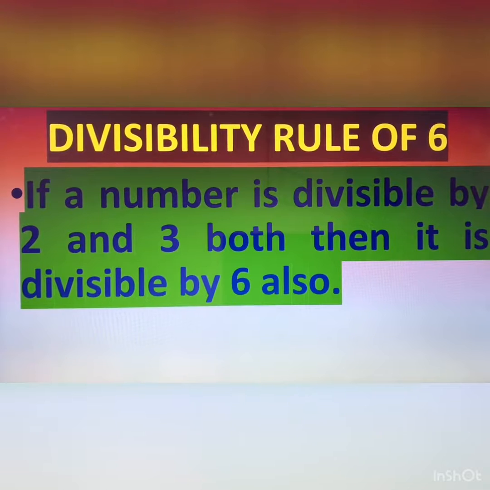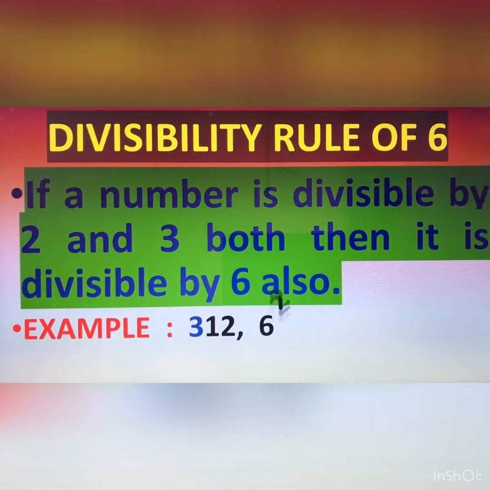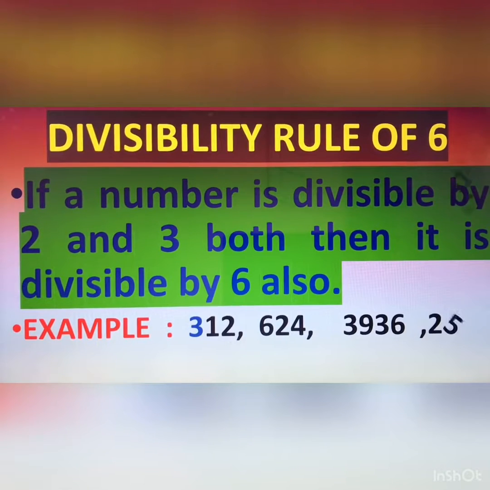So here the condition of divisibility test 6, you will check whether the given number is divisible by 2 and also divisible by 3. So let us try to understand it with an example, that is 312. Since the ones place digit is 2, therefore this number is divisible by 2, and the sum of the digits, that is 3 plus 1, 4, 4 plus 2, that is 6, and 6 is divisible by 3.